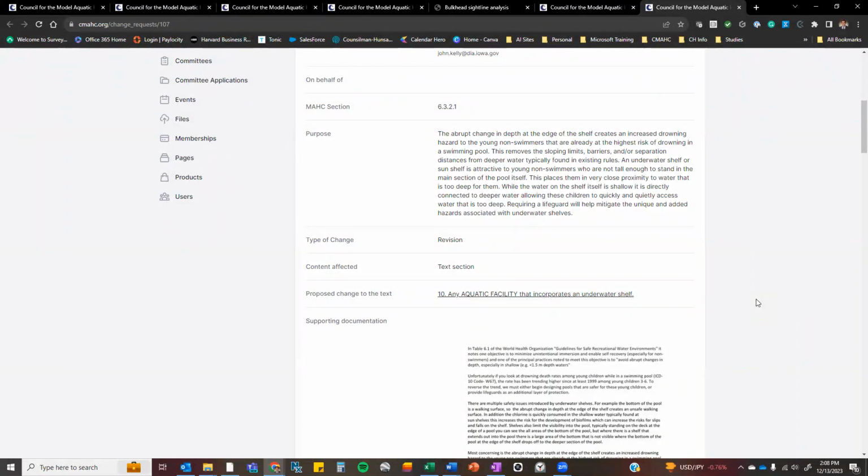Yeah. So I'm looking at the requirements right now, where lifeguards are to be present. And we already require lifeguards if it has kids that are unsupervised under the age of 14. I'm assuming that's what we're worried about here. Also for any venues that are newly constructed that have deep water, deeper than 5 feet.